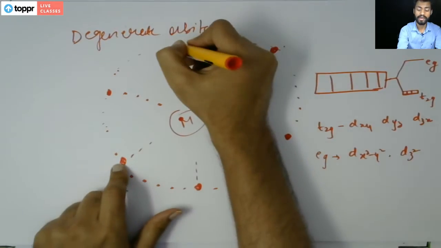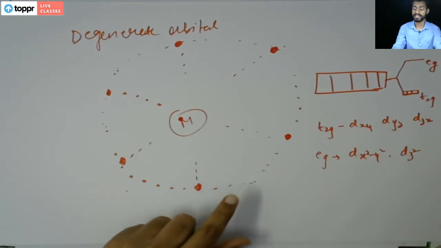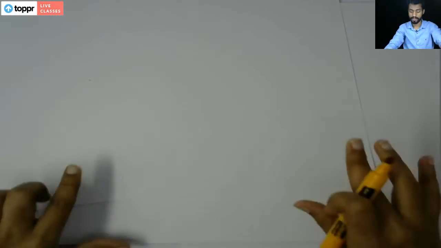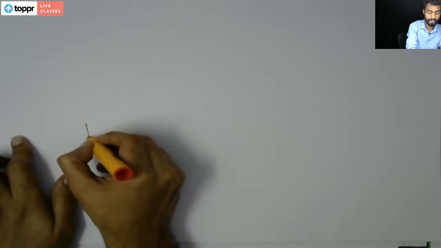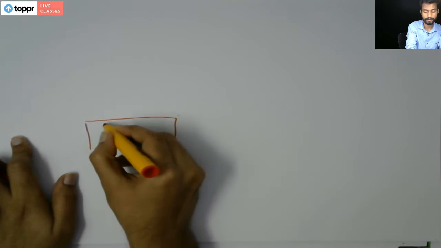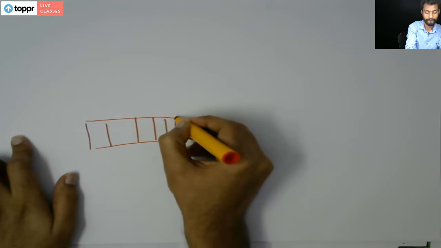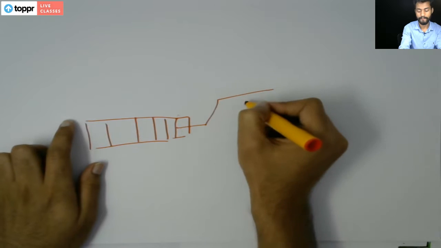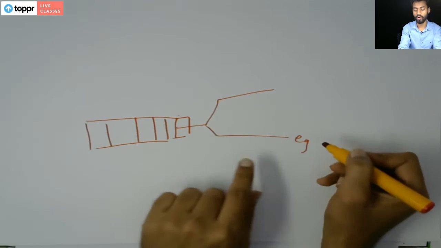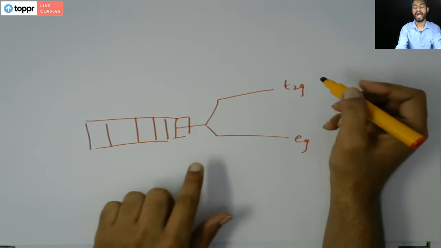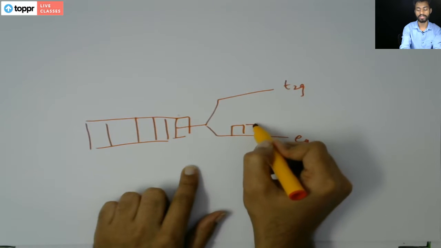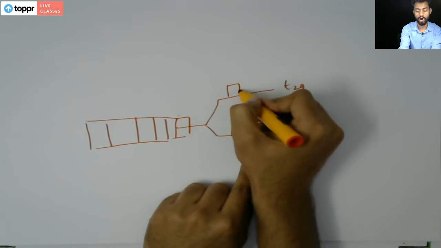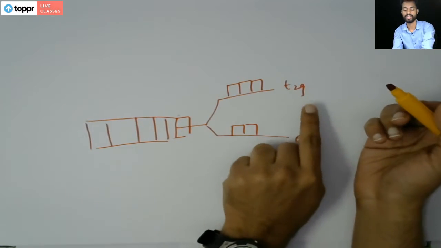Similarly, if this configuration changes, then the splitting might be like this: from the degenerate orbitals, we have EG of lower energy and T2G of higher energy. So now the orbitals along the axis will have lower energy than the degenerate orbitals, and orbitals along the planes will have higher energy.